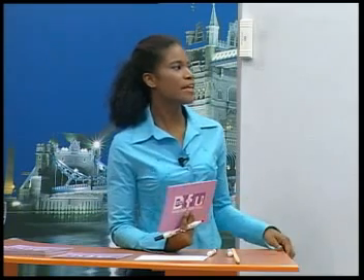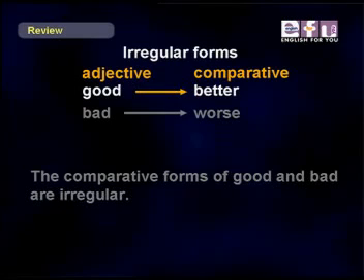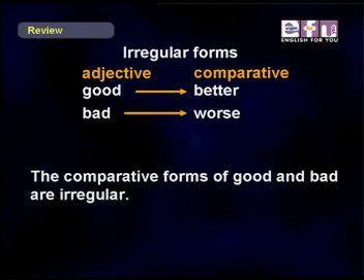Now let's look at irregular forms. For example, the adjective good in its comparative form becomes better. Bad in its comparative form becomes worse. So the comparative forms of good and bad are irregular.